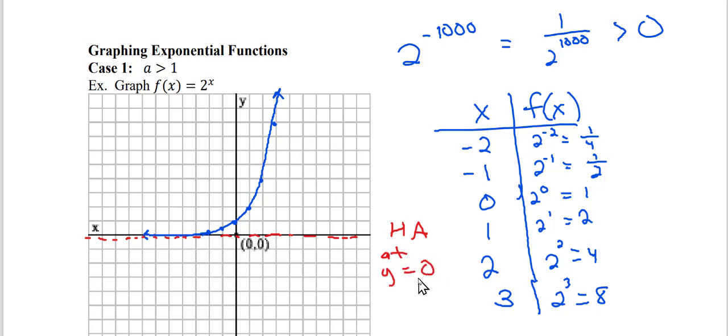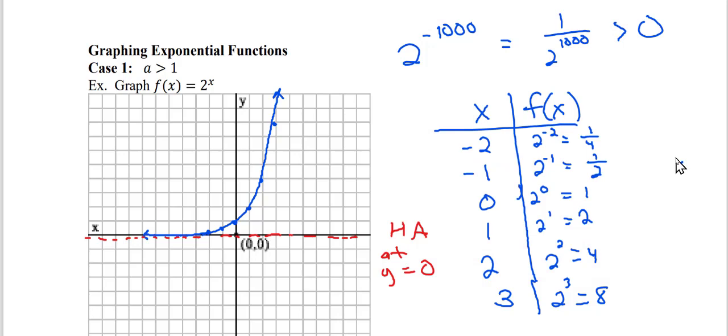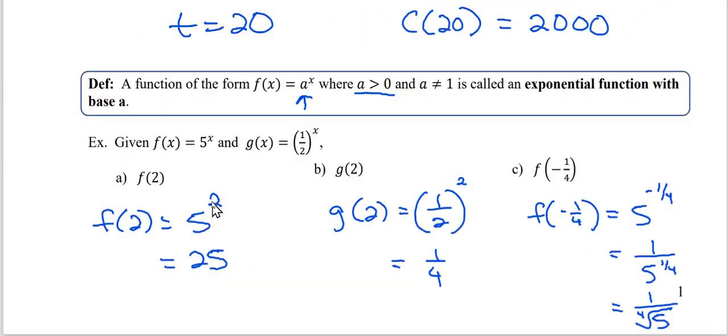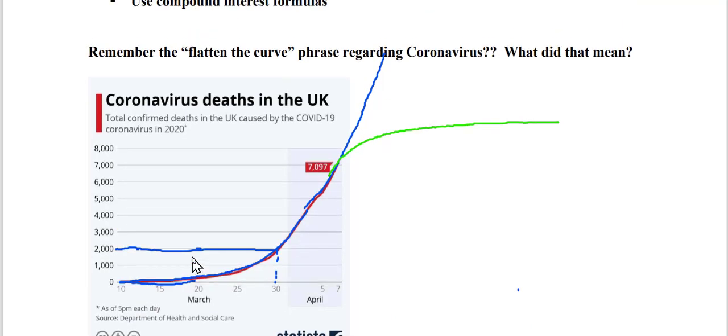It gets closer and closer and closer to it as x goes to negative infinity, but it never actually touches it. It approaches it, doesn't touch it. That picture that we just drew there looks pretty similar to what we're seeing in this graph, huh? If we didn't flatten the curve.